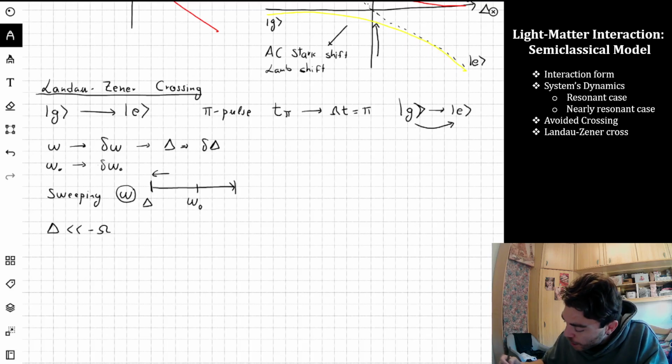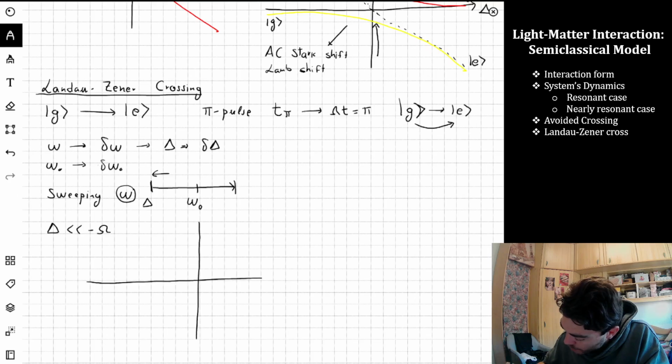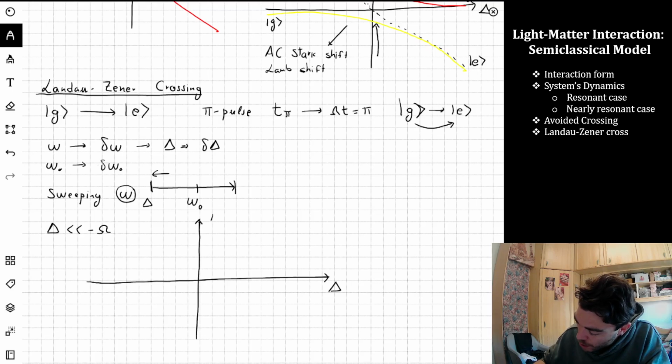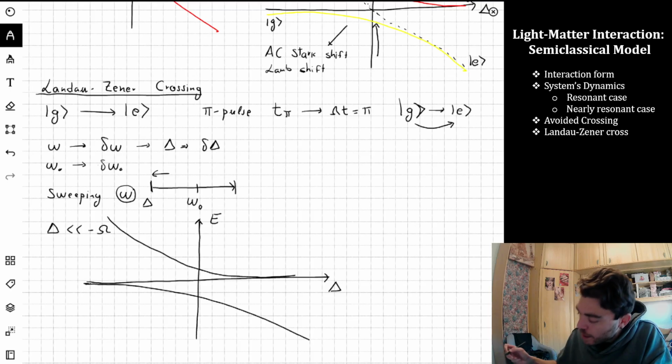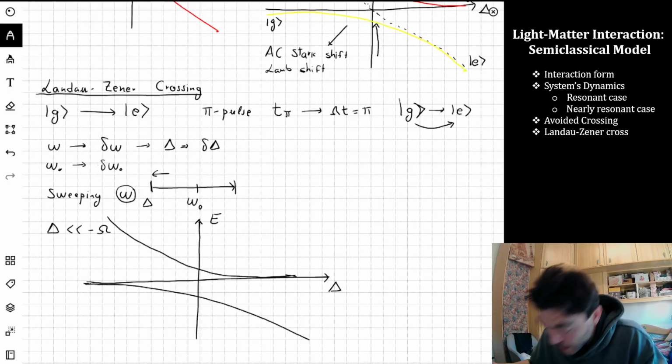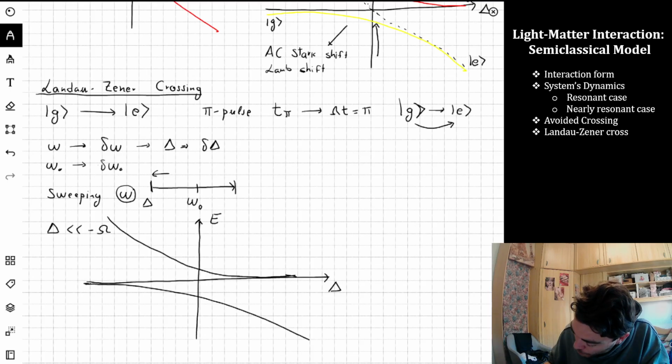Okay, and now I just show you the energies. These are the two energies for the excited state and the ground state in the presence of light, and we are starting at a point here.